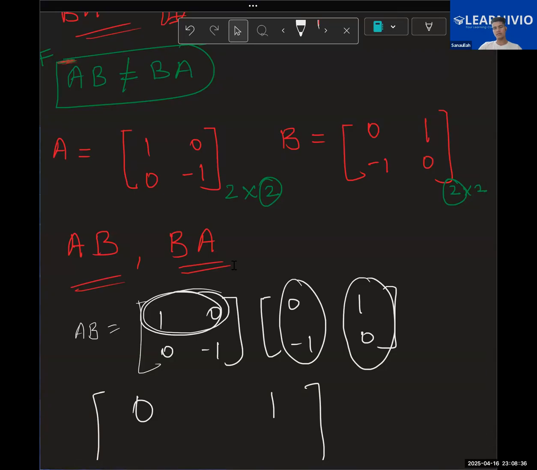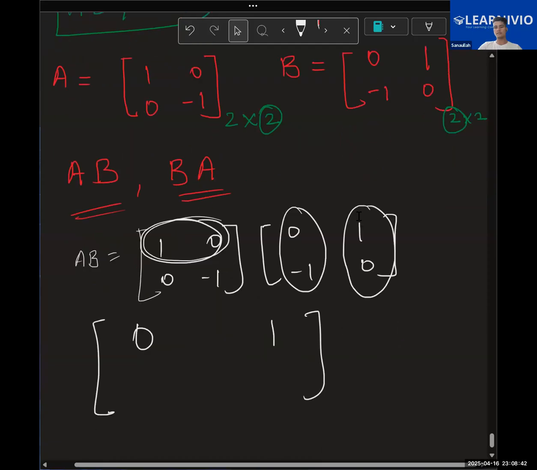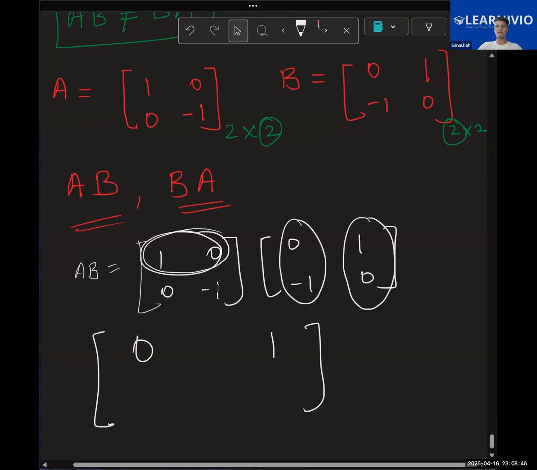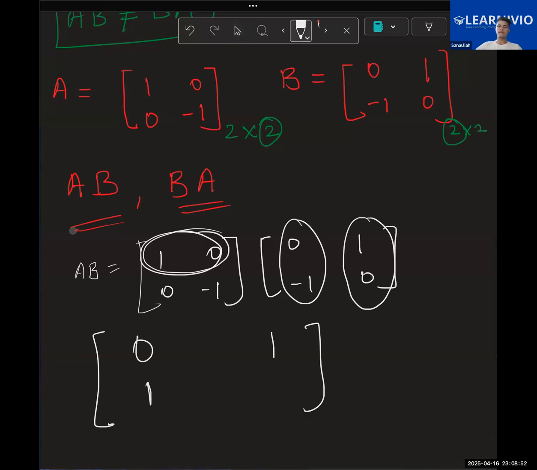Actually it was 1, not minus 1. But no problem, we can also go with this data. Okay Taiba, I think you were right. This is 1, okay? यहाँ पे 1 होगा, -1 नहीं होगा.